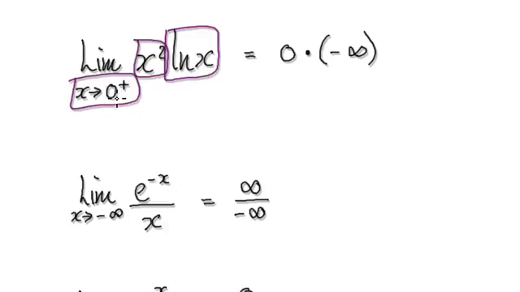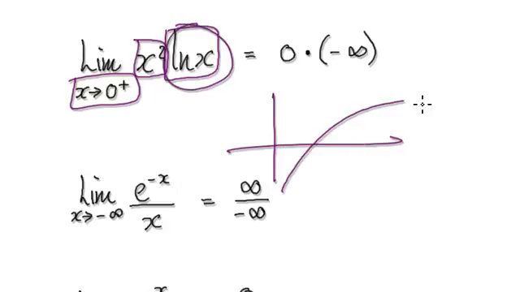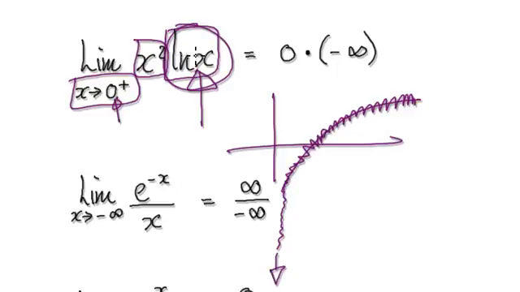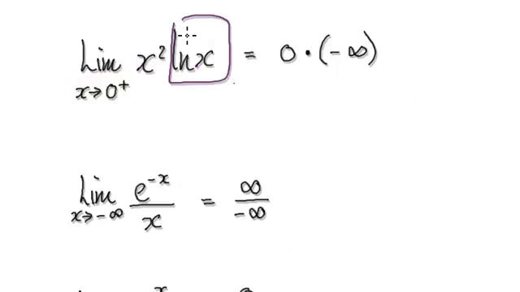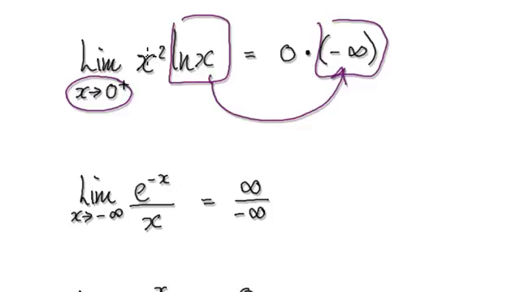Okay, well here you've got one block multiplying another block. You want to know the limit as x tends to 0 from the right hand side. So if you look at this here, it looks like this. As you approach 0 from the right hand side, you can see that this block here is heading towards negative infinity.